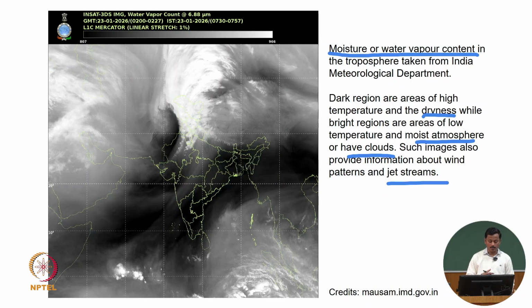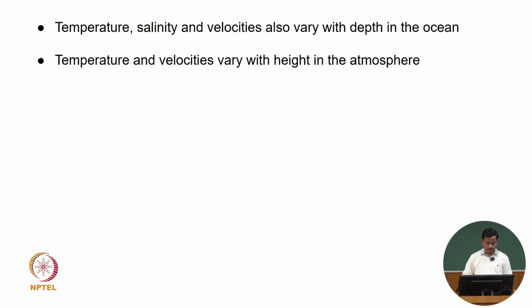But this is important for us to appreciate that there are various measurable quantities which we can then plug into a computer, or we can plug it into a mathematical model, and then we can understand the dynamics of these flows better. So temperature, salinity, velocities also vary with depth in the ocean. I showed you only surface properties, but these also vary with depth.